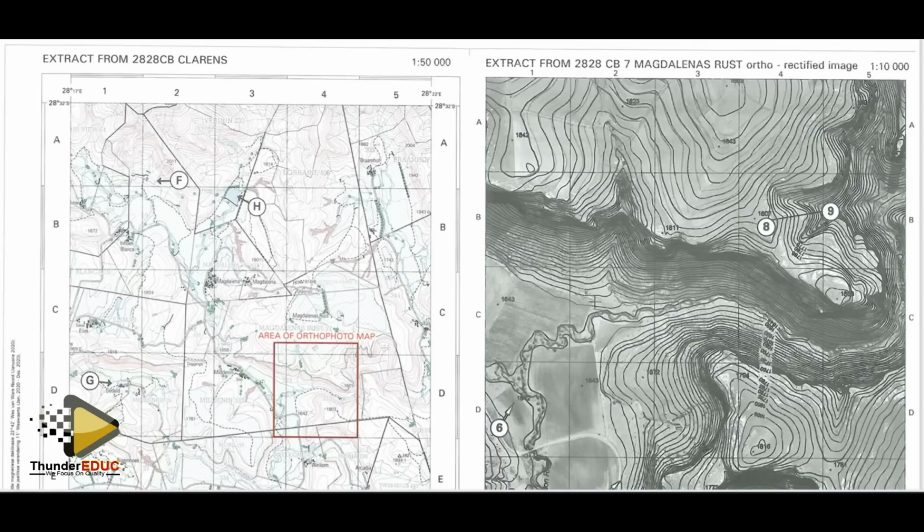Our referral lines of longitude and latitude degree values are given on the top left corner here. If you check, we have 28 degrees 32 minutes for our line of latitude, and 28 degrees 17 minutes for the line of longitude for that particular top left block.